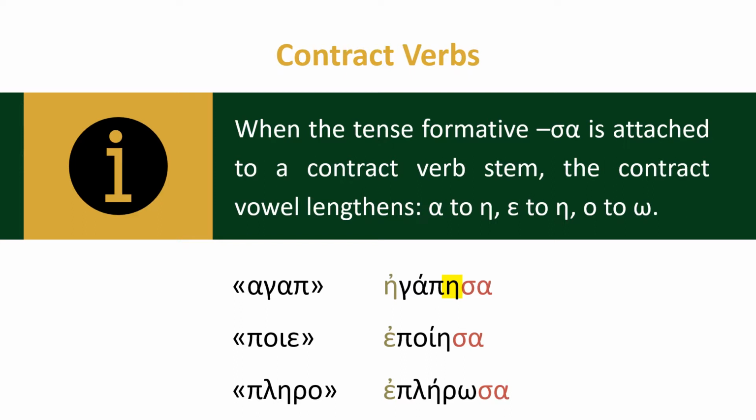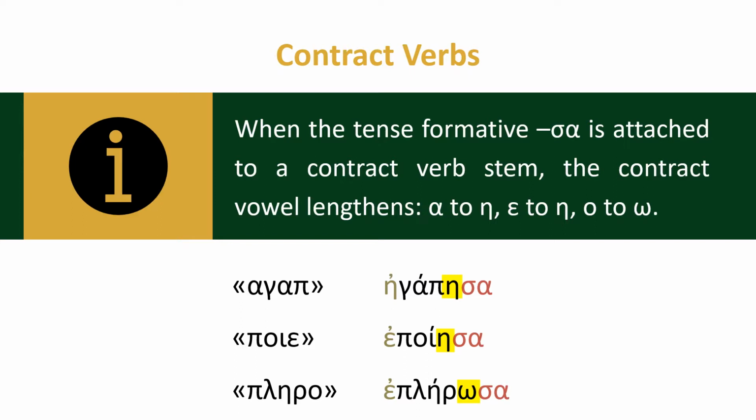You can see the augment, and the contract vowel epsilon has lengthened to eta before the tense formative sa, yielding epiēsa. And finally, the omicron contract form plero becomes eplērōsa. This time, the contract vowel omicron has lengthened to omega when the tense formative sa was added, eplērōsa.